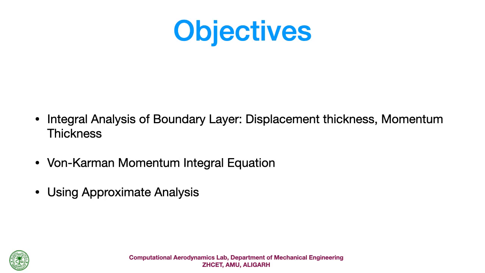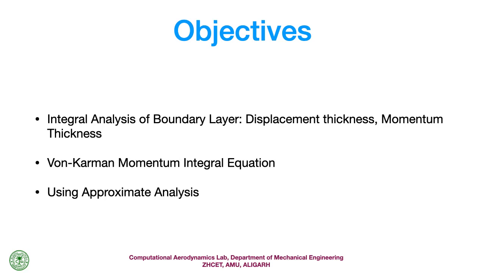These are integral terms for integral analysis of boundary layer theory and thicknesses. I will explain the physical interpretation of these terms, and then we will go on to derive the von Karman momentum integral equation.